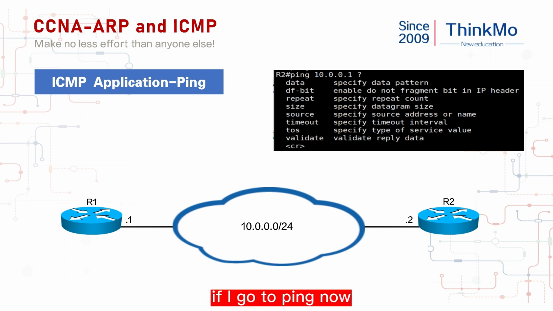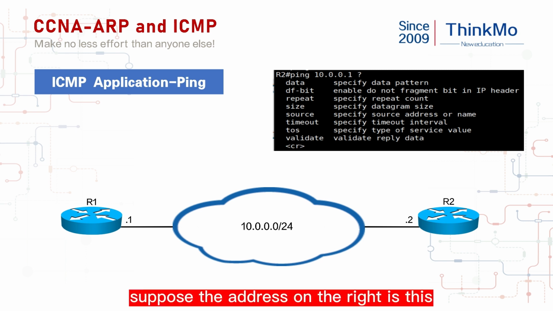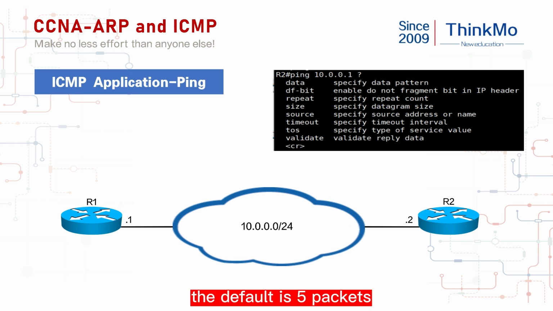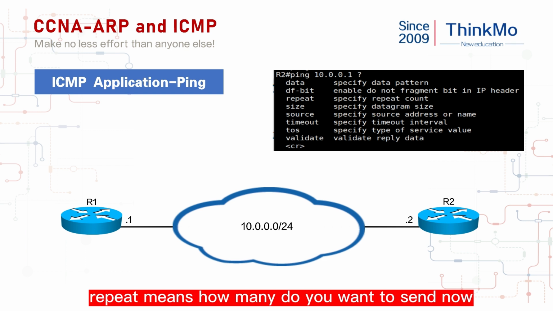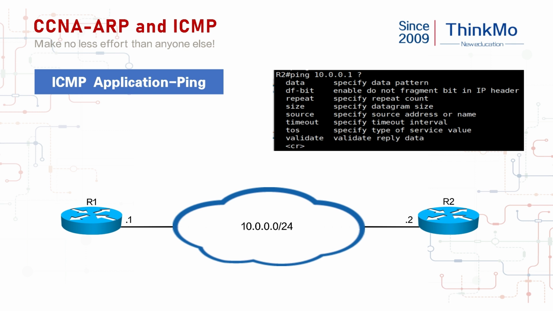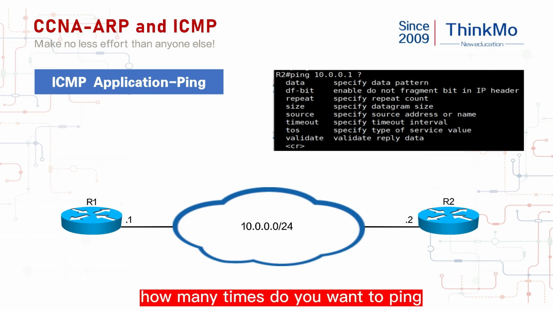If I go to ping now, suppose the address on the right is this, the default is 5 packets. Then among these common parameters, only 2 are commonly used. One is called repeat, and one is called source. Let's talk about repeat first. Repeat means how many you want to send now, how many times you want to ping.